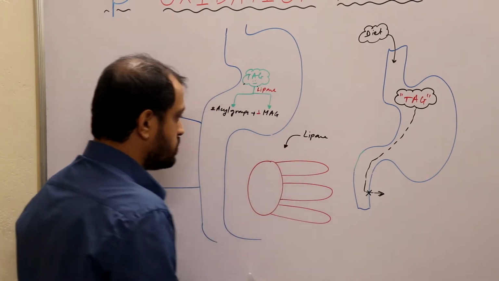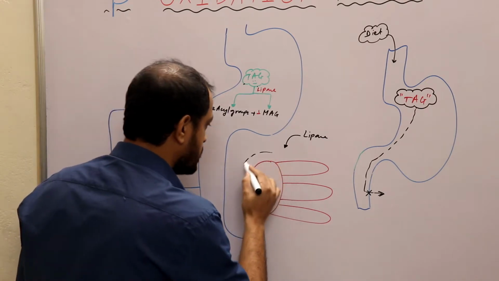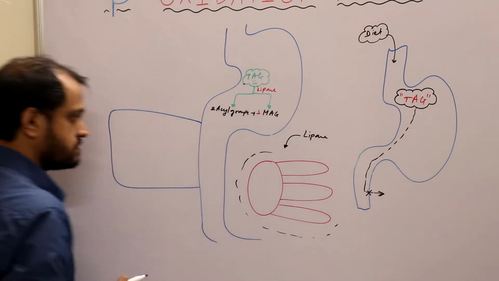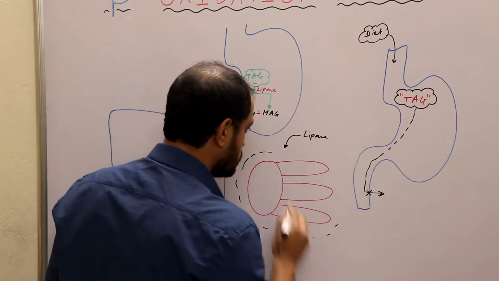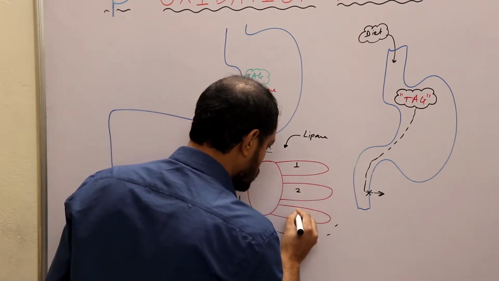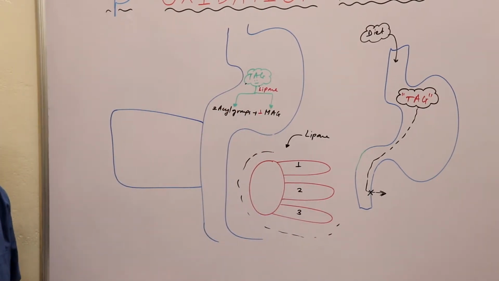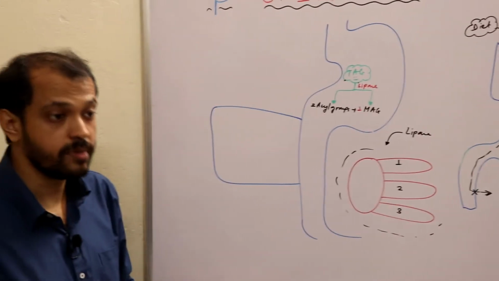Now suppose you have attacked this particular TAG with lipase. There are 3 acyl groups: this is number 1, this is number 2, this is number 3. Which acyl groups will be removed?